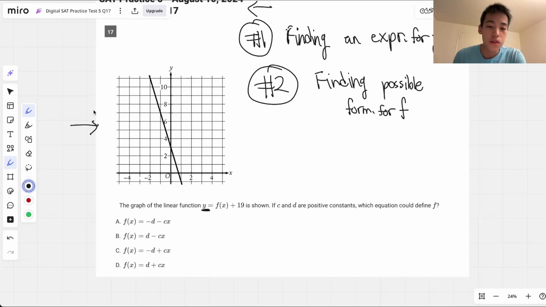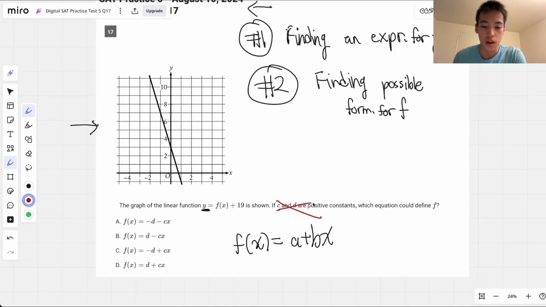Okay, so rather than working through each of these answer options, which could work, let's instead say that f of x equals a plus bx, where we don't know the signs of a and b. Let's just temporarily remove this constraint that c and d are positive constants and make them into a and b.